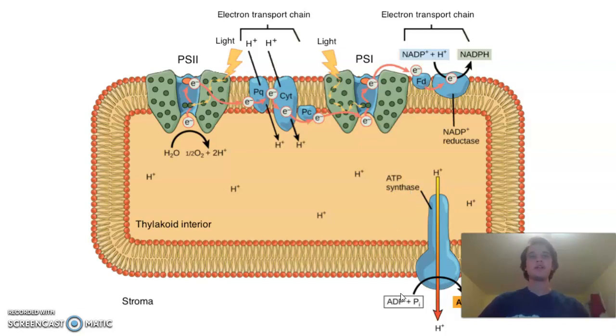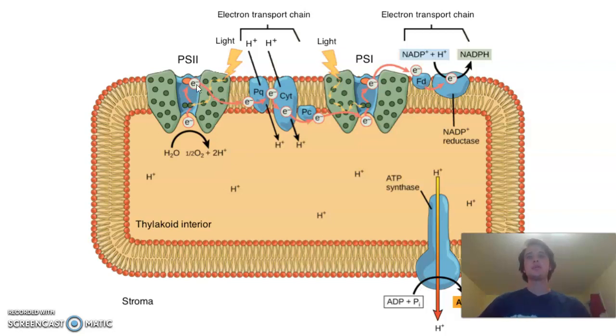And as it's spinning, it's combining ADP and phosphorus groups into ATP, another one of the products, which is just energy basically that is very important for the plant. So that's all that's happening down here.